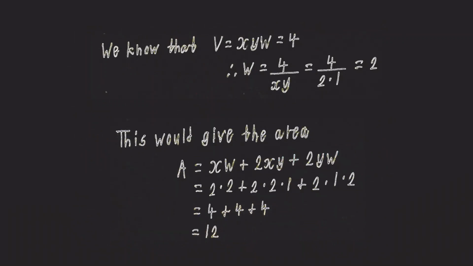And before making a conclusion, we are going to need a little bit more detail. We know that the volume must be 4, and the volume is x times y times w. We use x and y because we eliminated w earlier, so we just determined 2 of the dimensions, and we'll just use this equation again to find what the value of w actually is, since w really depends on those 2 previous dimensions.